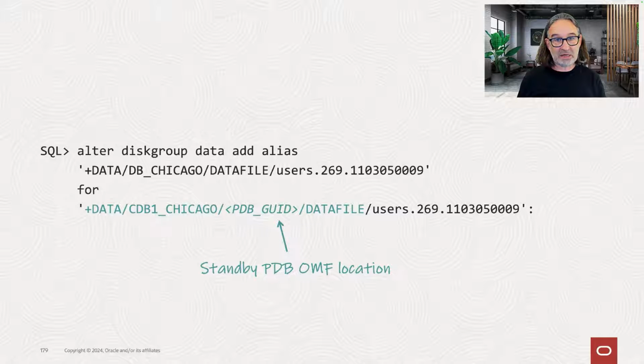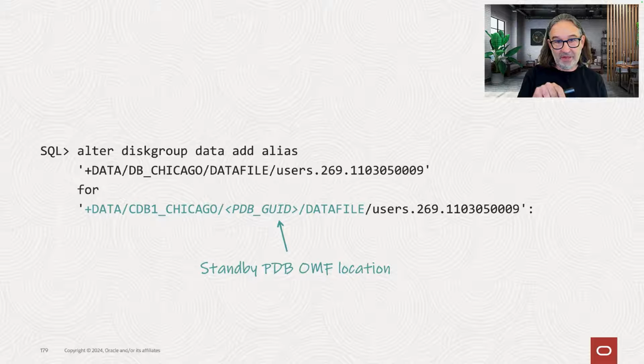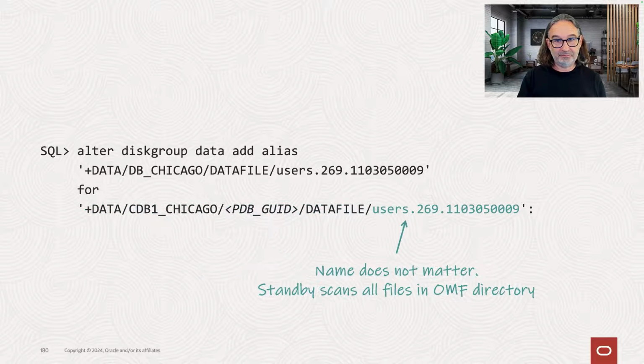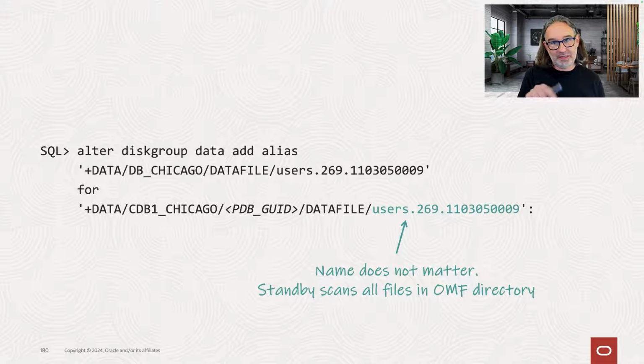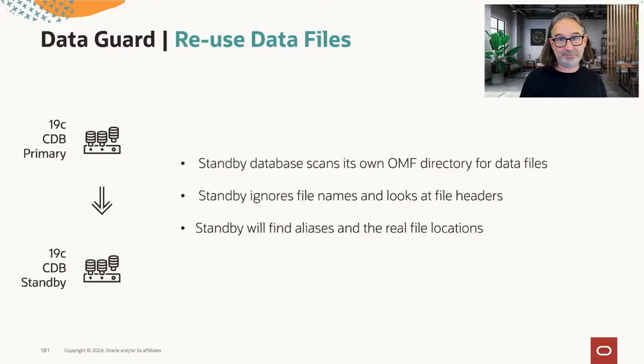And I create now an alias, and the important part is that it has the right directories and the right PDB GUID in it. The name itself does not really matter because you will see the standby scans all files in the OMF directory, and it looks actually in the data file headers, and therefore it will find a file. The important part is that it needs to look into the right directory.